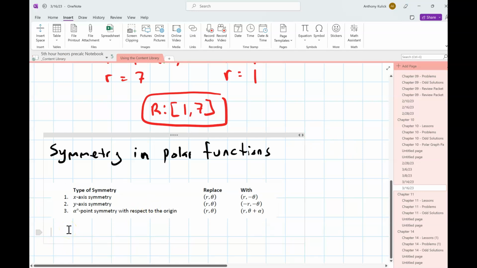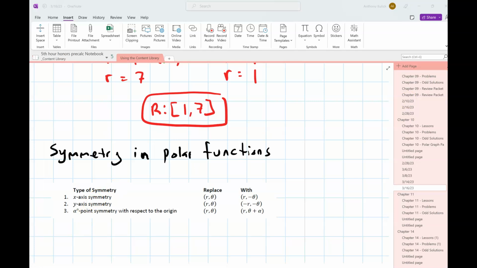So to prove that we have x-axis symmetry, we replace r and theta with r and negative theta and show that we get the original equation back again. If we want to do y-axis, we're going to replace the r and theta with negative r and negative theta and see if we get the original back again.